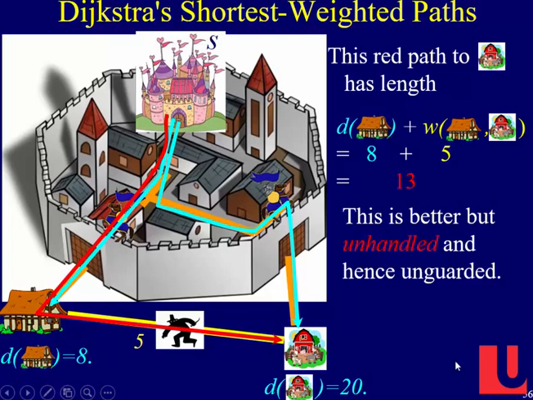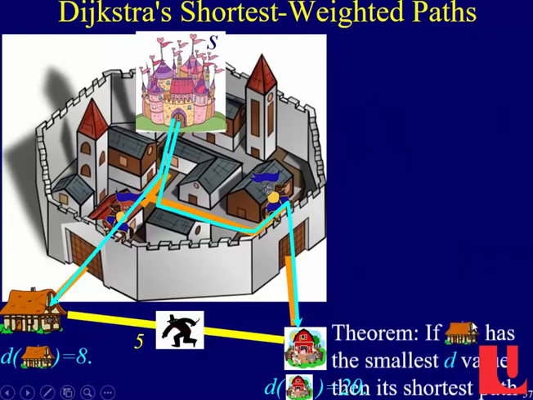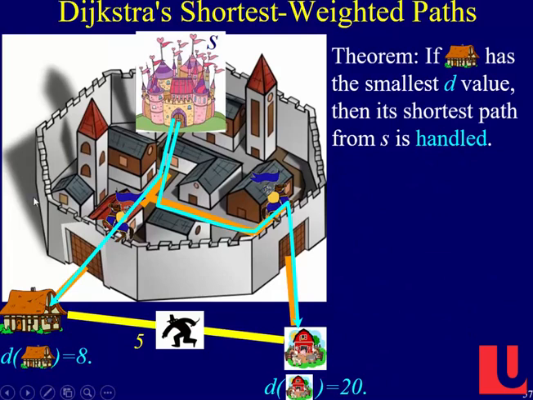But it's not handled. It's not guarded. But this little cottage has the smallest D value, 8. And so the theorem says, for the one with the smallest D value, the shortest handled path is in fact the shortest overall path, right?